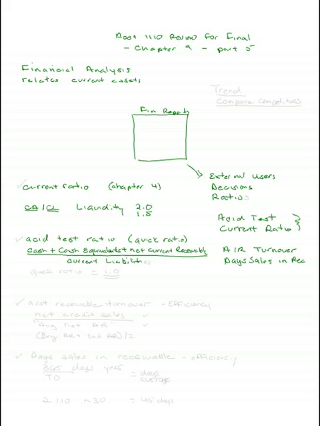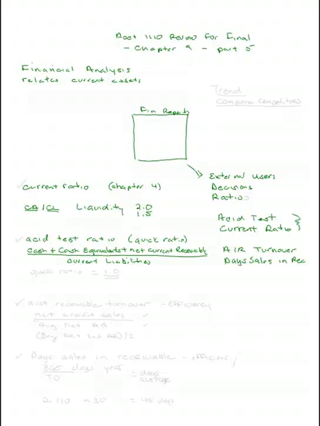By not using total current assets, essentially you've pulled out inventory and prepaids. The thought is that you can't use inventory and prepaids to pay your current liabilities, and so this is a more stringent test of how liquid you are. Still another liquidity ratio.